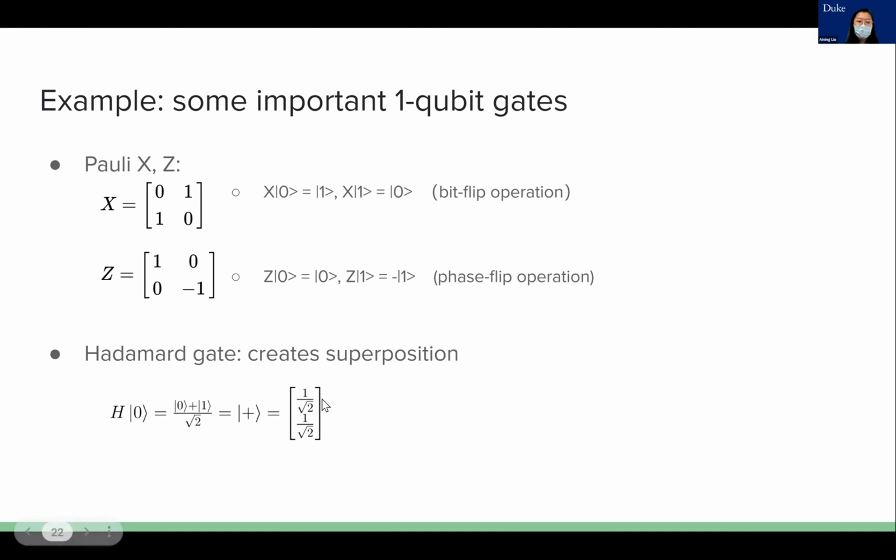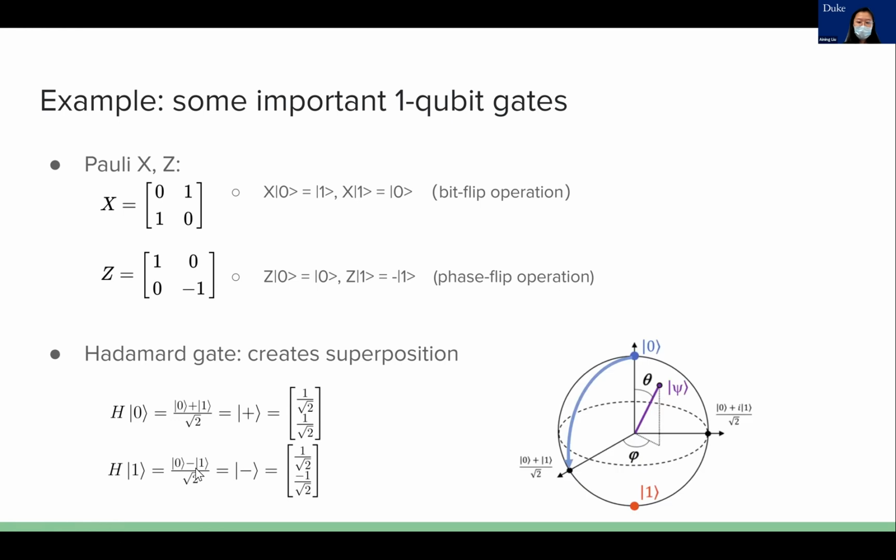So it's a superposition. And if we apply it to 1, you'll get this state. If we see it on the Bloch sphere, we start from the 0 state, and the Hadamard gate will rotate it to the positive x direction.